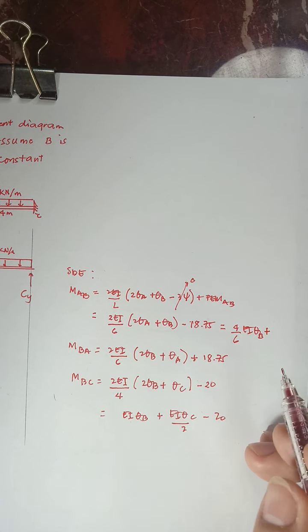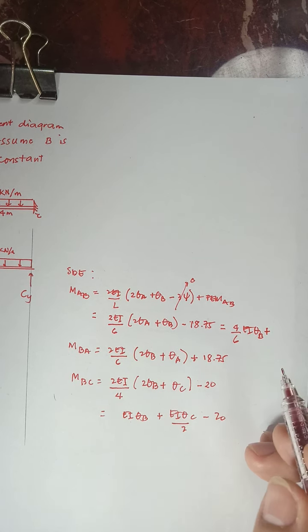It is restrained vertically, horizontally ang imong fixed support. So ang imong slope theta A is equal to 0. But for a fixed support, it has a moment MAB, which we do not know yet.